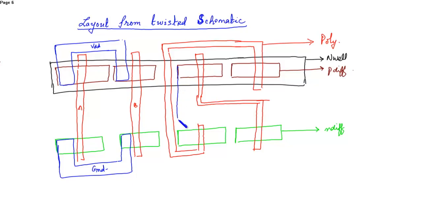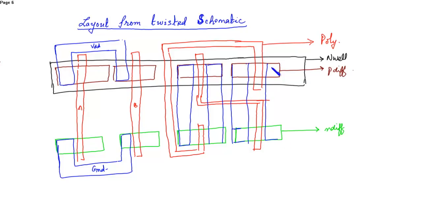Then in the transmission gate, the two sources are connected and the two drains are connected. Here two drains and two sources. This is metal 1.